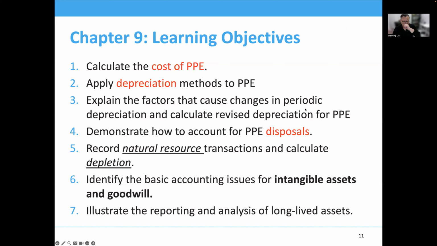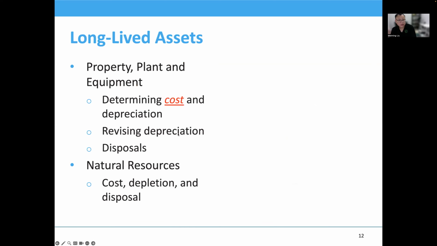Okay, for chapter 9, we have just introduced the different learning objectives. The first is long-lived assets.